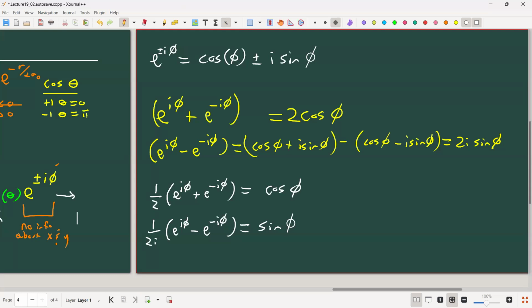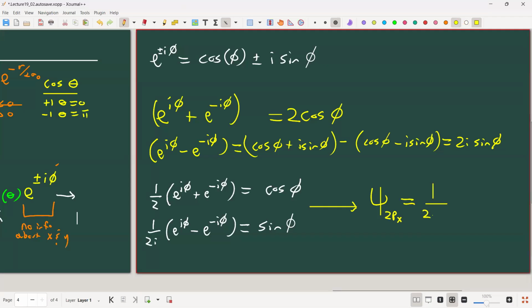So what this means is that the 2px orbital, I'm hoping, one of them, we'll double check, is going to be 1 over square root 2 times psi 2,1,1 plus psi 2,1,-1.